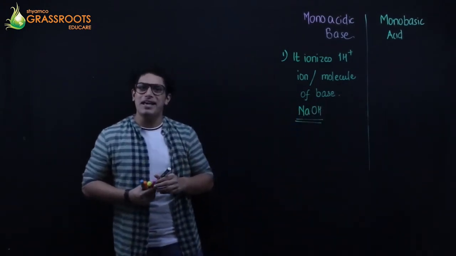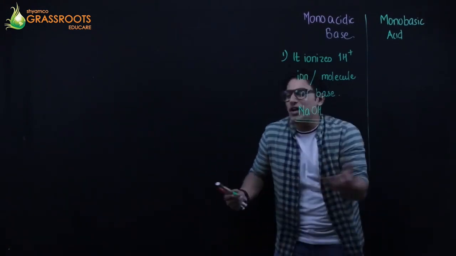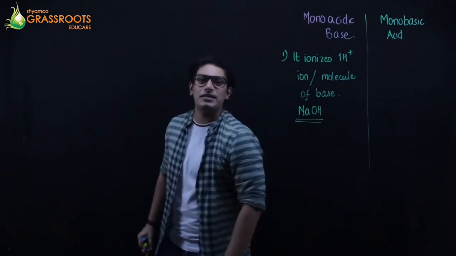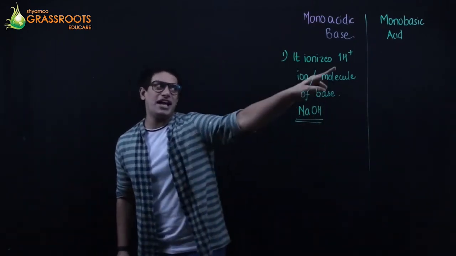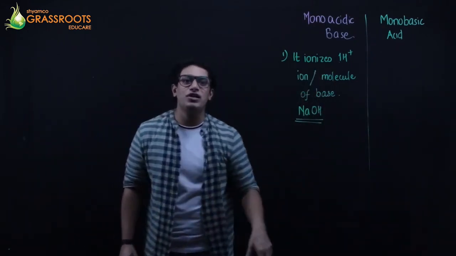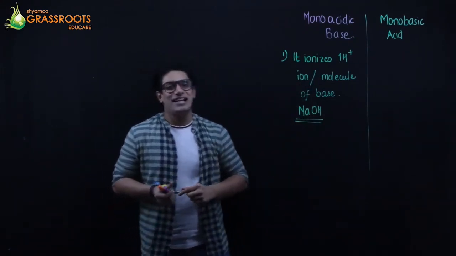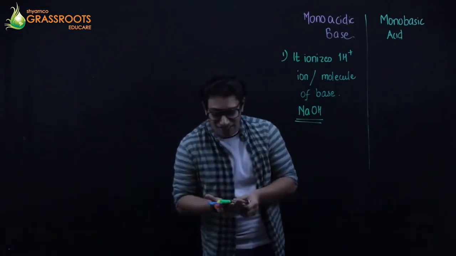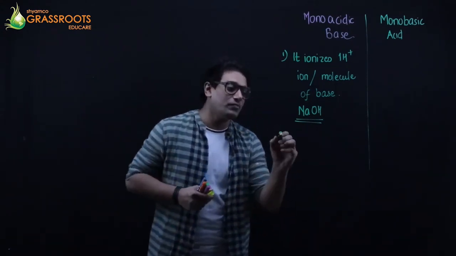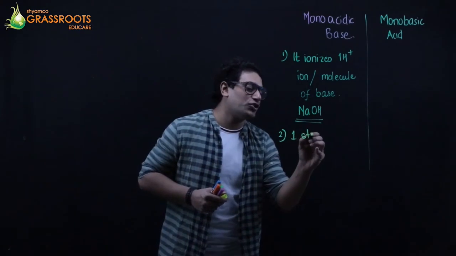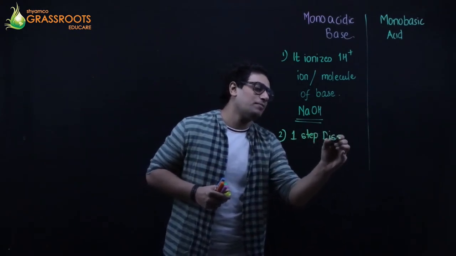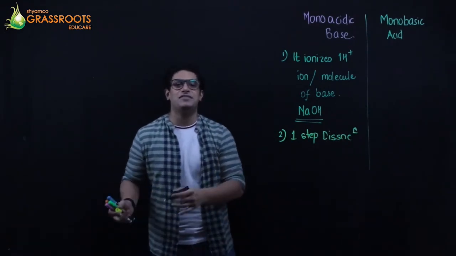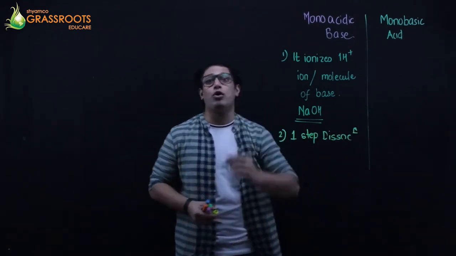It captures, snatches away just a single H plus ion per molecule of a base. It forms only one water molecule. You can also say that it dissociates in one step, a one-step dissociation. It will be a one-step reaction: NaOH plus HCl gives NaCl plus water H2O, one molecule of water.